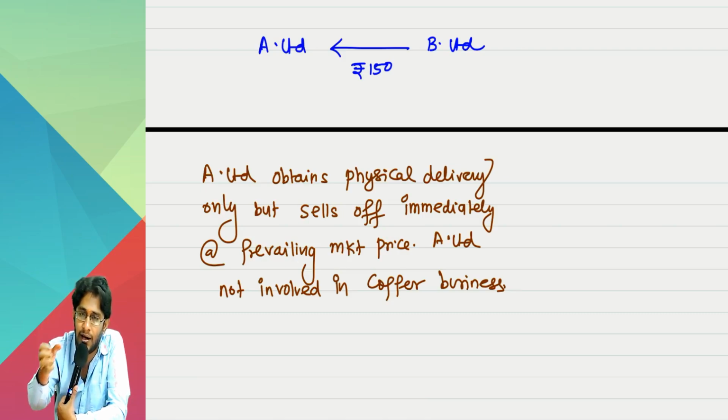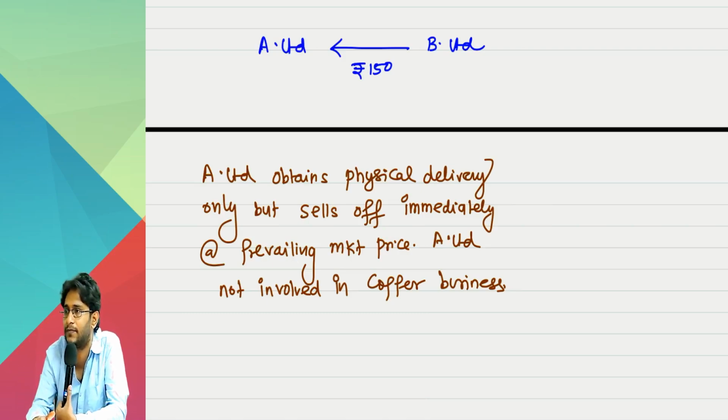You are buying 100 kgs, you are paying 500 rupees per kg, but whatever the spot rate is in the market, at that rate you are immediately selling it off, and dealing in copper is not your basic business. Then why did you enter into this contract? If copper is not your day-to-day business, why did you enter into this contract? Just for speculation. But instead of doing a net cash settlement, you are doing a gross settlement and selling the copper immediately at the prevailing market price.